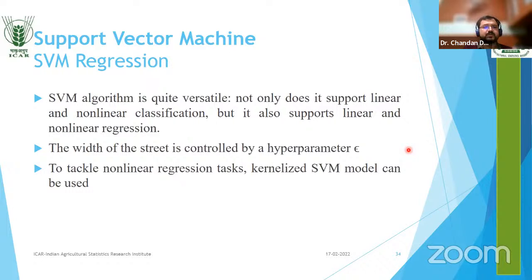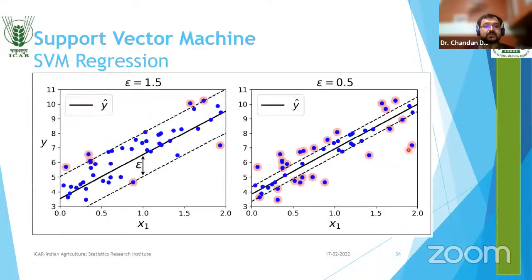SVM regression predicts like linear regression, but sometimes it is more efficient. It depends on the data complexity.